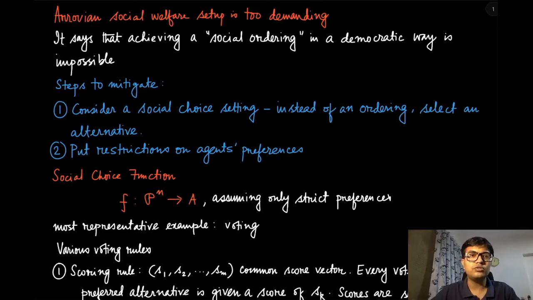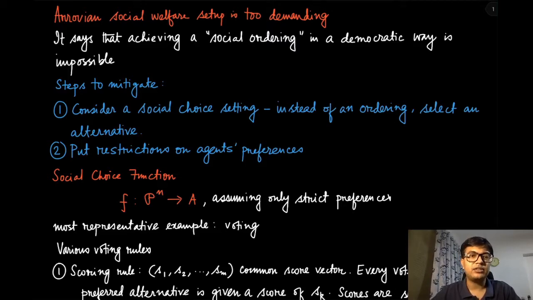So, in order to mitigate this impossibility, there have been various attempts, and we will discuss two such attempts in this module and the following modules. So the first setup is what is known as a social choice setting. Instead of an ordering, the function that we are going to define will be giving out only one alternative and not a complete ordering.